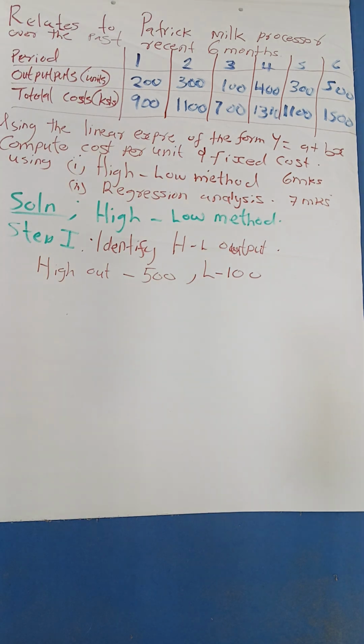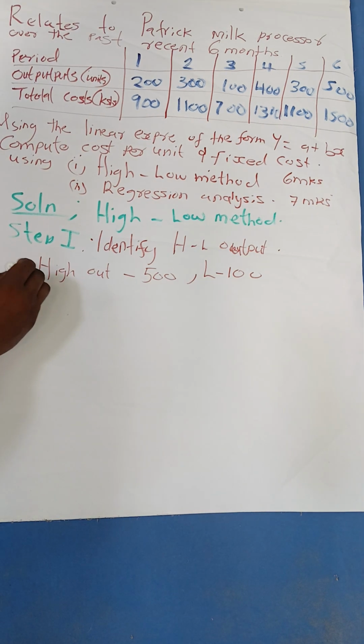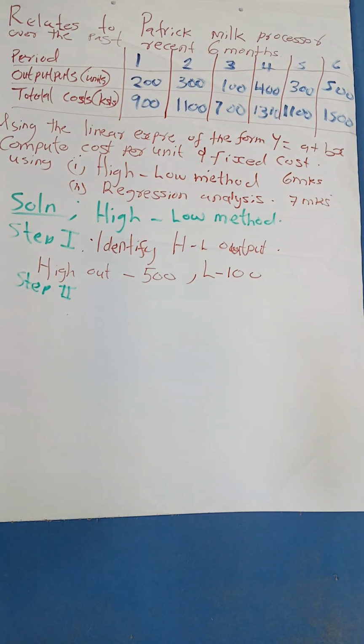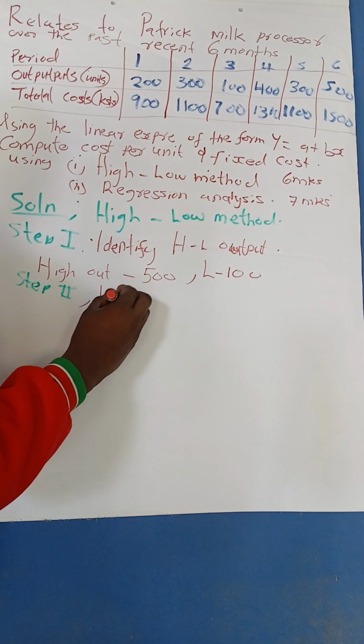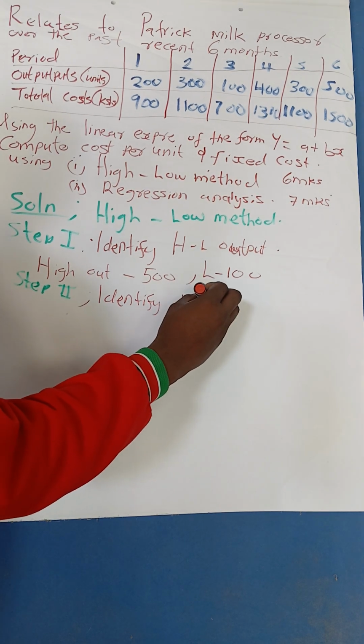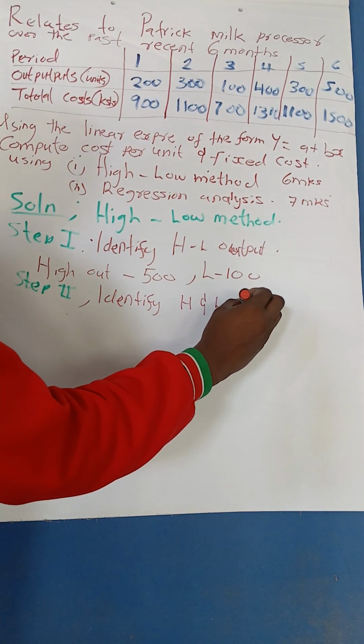In the second step, also we identify the cost. In step 2, you identify also the highest cost and the lowest cost. Good.